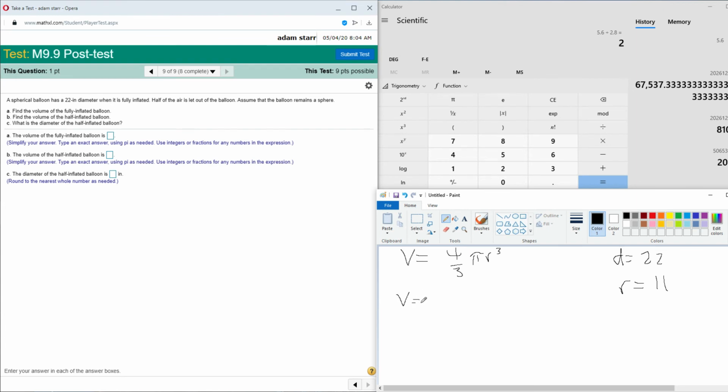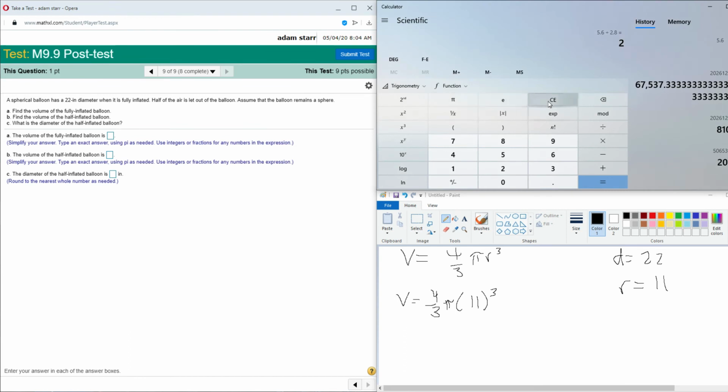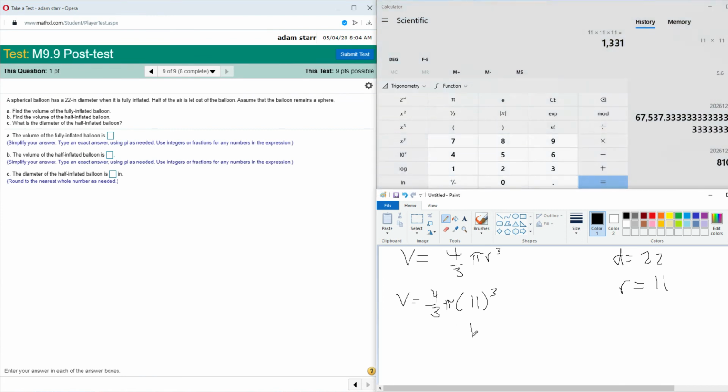So the volume will be 4/3 pi times my radius cubed. To simplify this, I'm going to do 11 cubed. Again, cubing something means multiplying by itself 3 times, so 11 times 11 times 11, which is 1331.